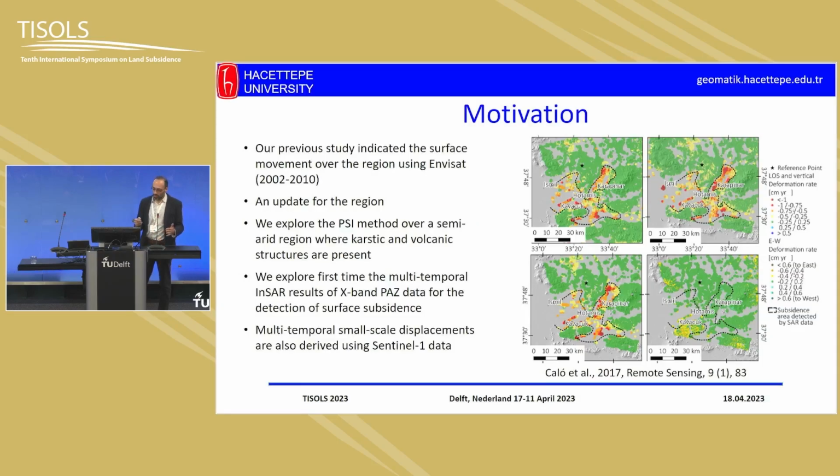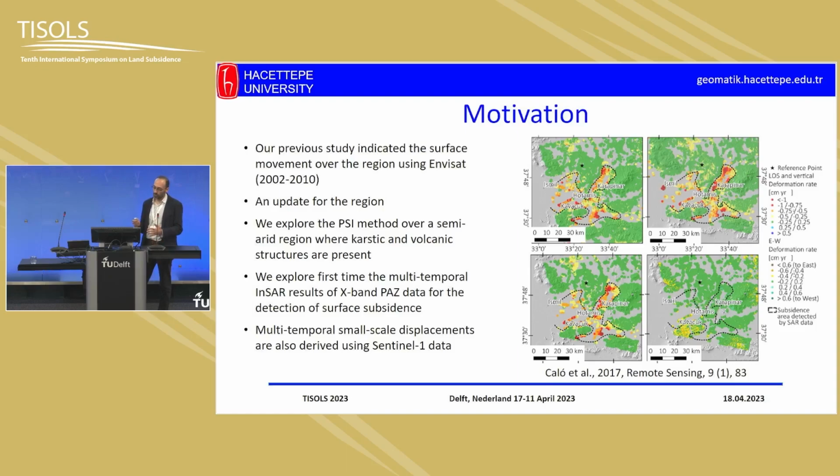So our motivation is to check the current situation. We studied the region previously with ENVISAT data, about 8 years, and determined that a large area is subsiding. We wanted to update this situation: what is the current spatial distribution of the surface displacement?